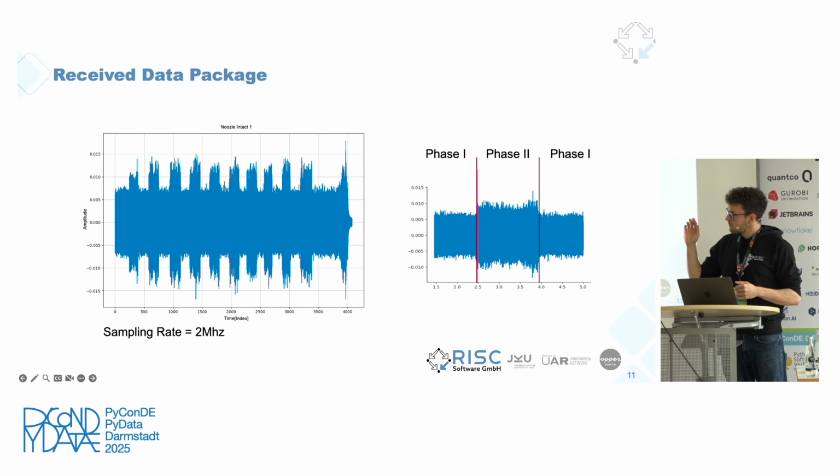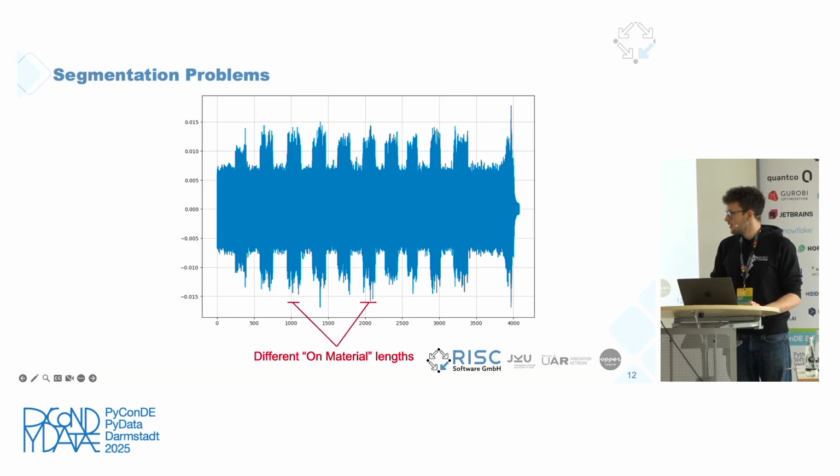On the left side, you have multiple of those processes within one measurement, and you need to split that. Now this problem is not quite trivial if you think about it, because this is done by humans. You have different phase lengths, so the on-material length, where we have a different behavior in the sensor.